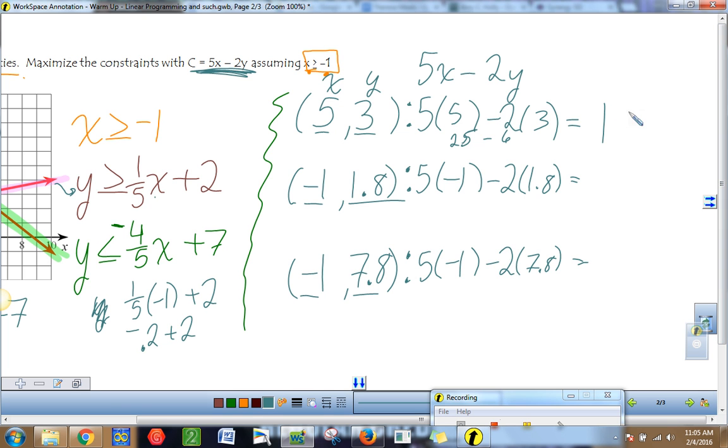It's 19. Okay? The other one's maybe not so easy in your head, but hit me with it. You can grab a calculator right there. I won't stop you. Negative 8.6? And then the last one is negative 20.6.